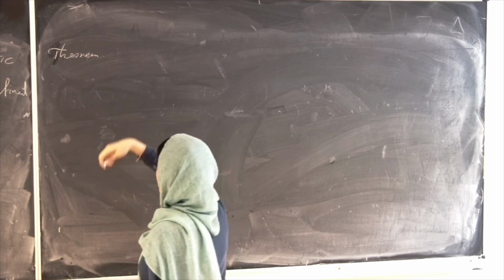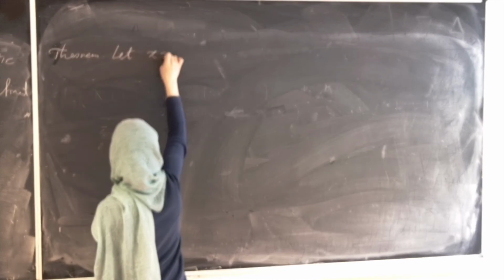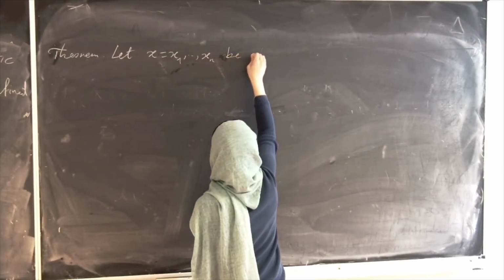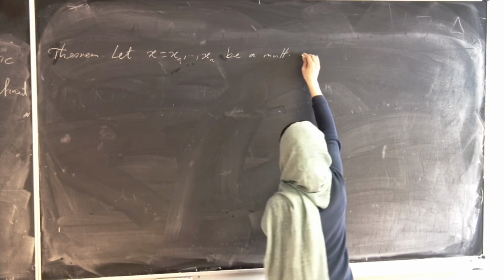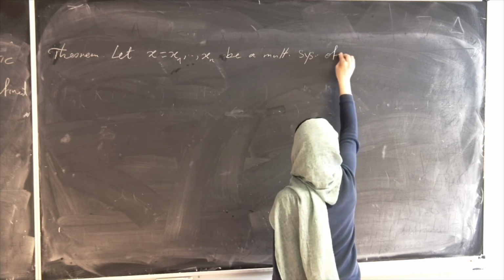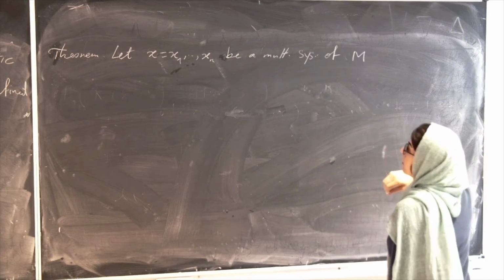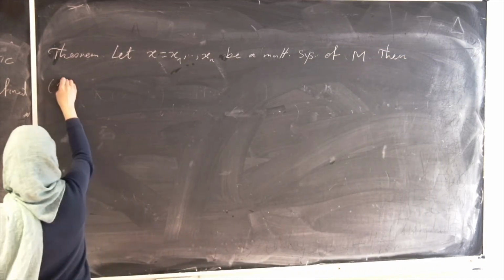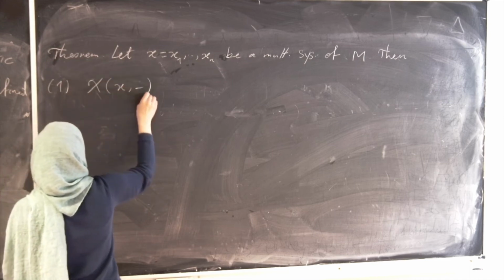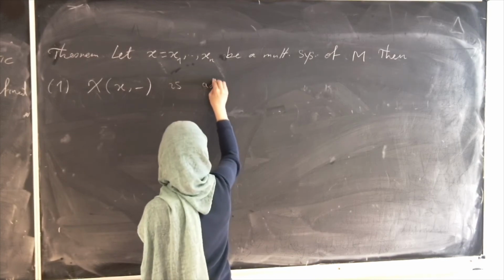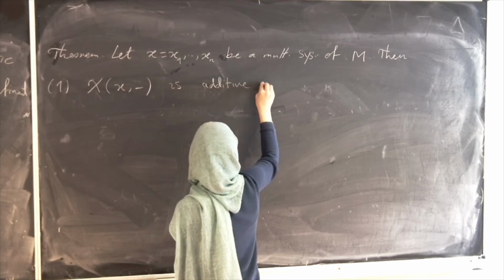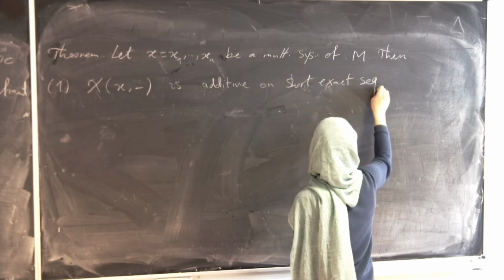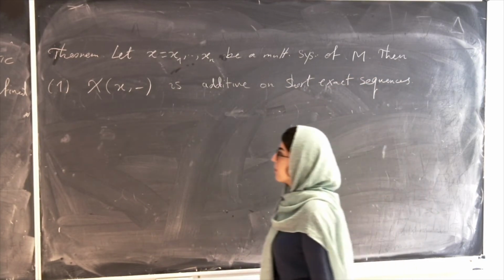Under the assumption that we always have, I just write for the sequence x, which is a multiplicity system of M, we want to show that chi is additive on short exact sequences of our modules.